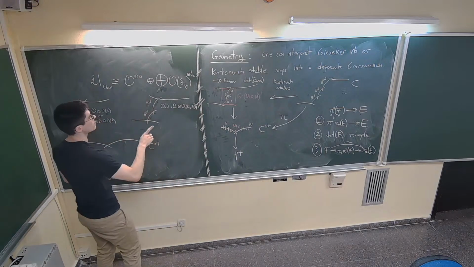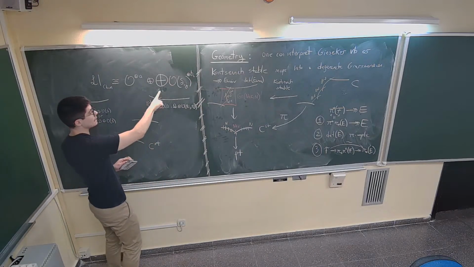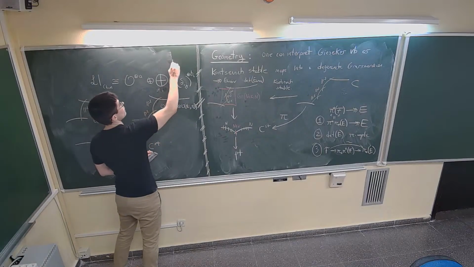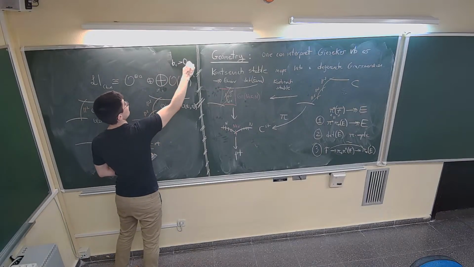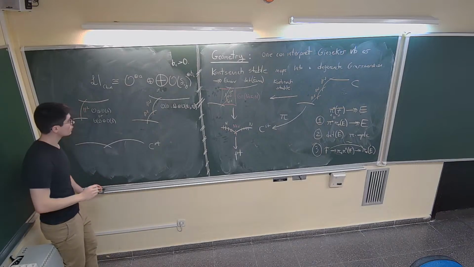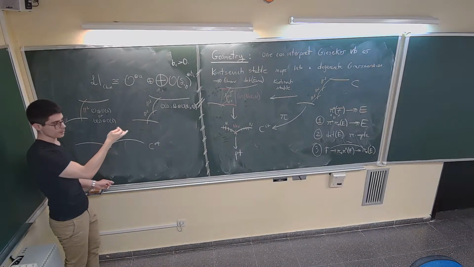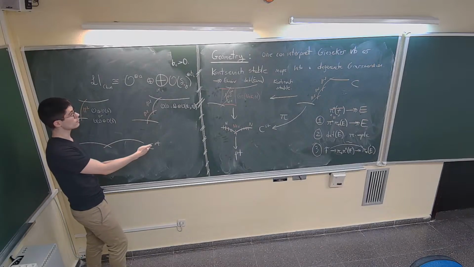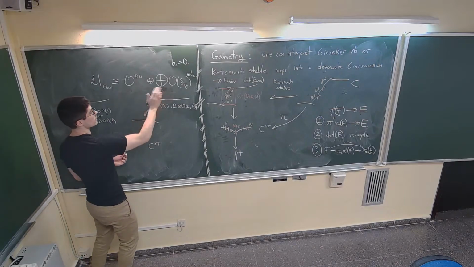And the requirement is that for all i I need at least one of these to be non-trivial. So b_i is bigger than c. And this just comes from simple-minded considerations of when the push forward is not going to be torsion-free. And this is how it looks.